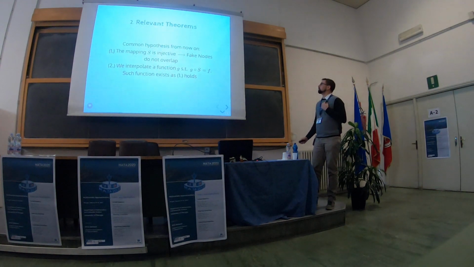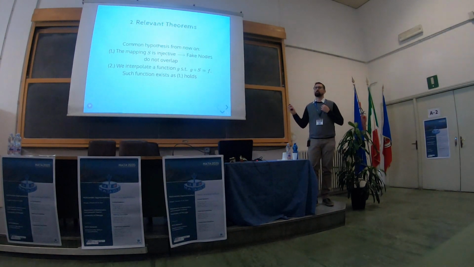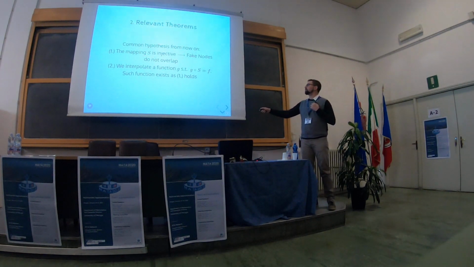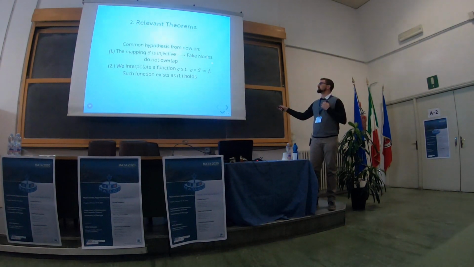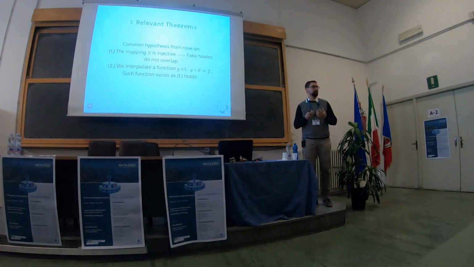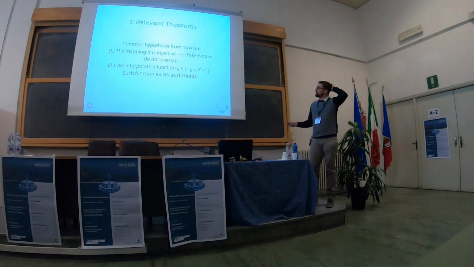So let's give some relevant theorems just to have some background to stand on. So we will make now two hypotheses. The first one is that the map is injective. Under this hypothesis, the fake nodes do not overlap. So this is really a simple assumption to make.